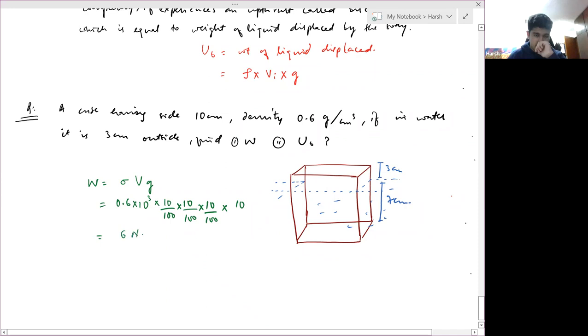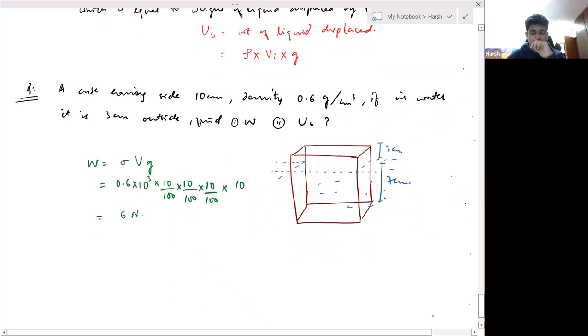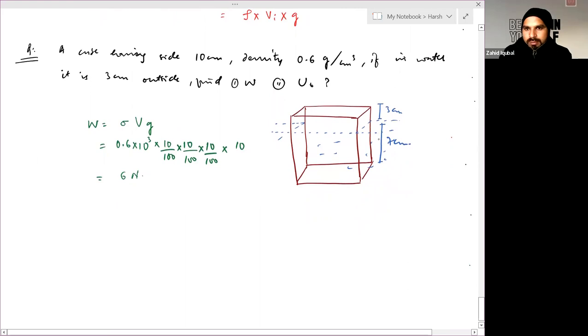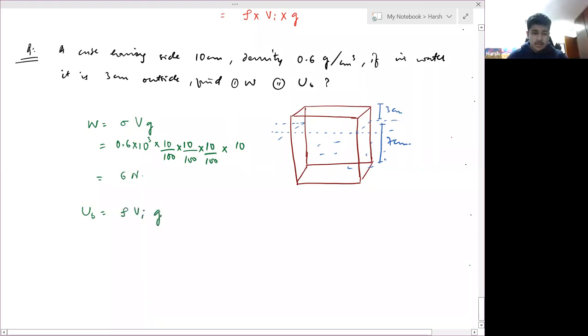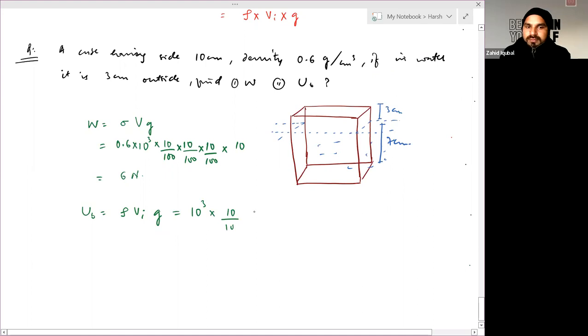Next, since this body is immersed up to 7 centimeter in the liquid, the buoyant force will depend upon how much liquid it displaces, or how much volume of the object is immersed in that liquid. So it will be density of liquid times volume immersed times gravity. Density of liquid, water, is 10 to the power 3. Volume immersed is length times breadth times height.